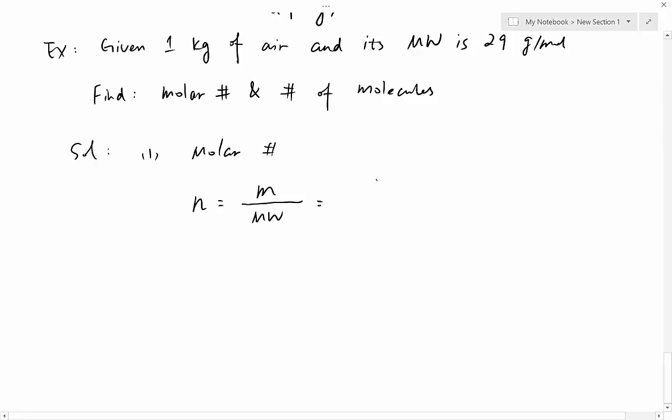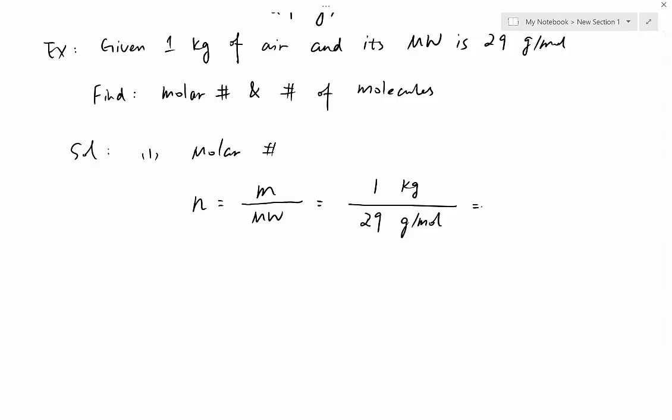Do we have the mass of the air? Yes, we do, which is 1 kilogram. Do we have the molecular weight of air? It's given. It's 29 gram per mole. So it's actually very easy. What you need to do is just plug and chug. But there's one thing you have to be careful about, that is the unit.